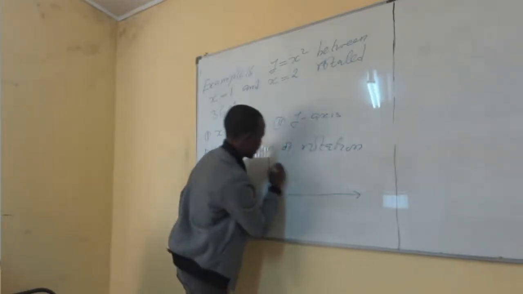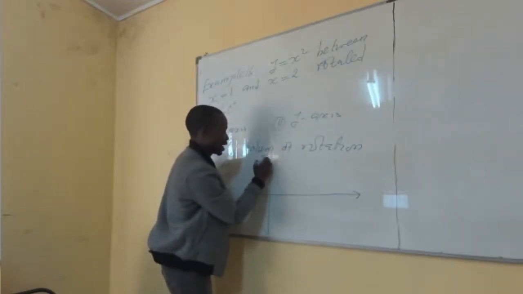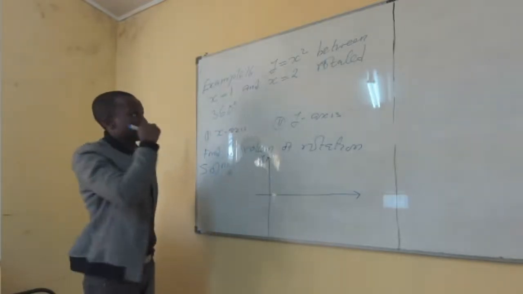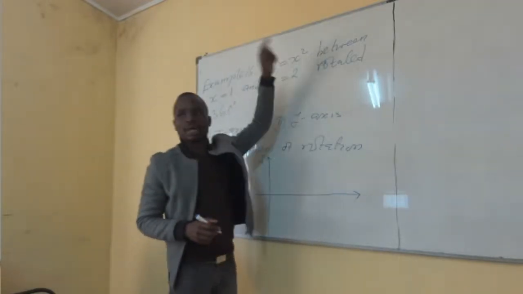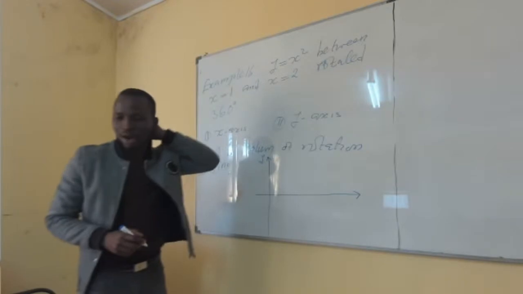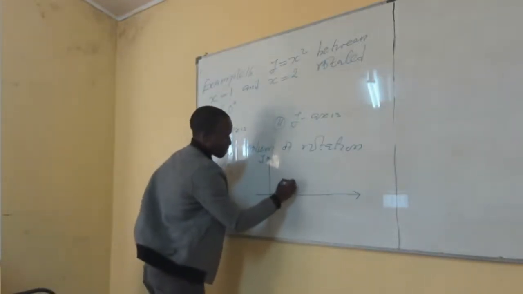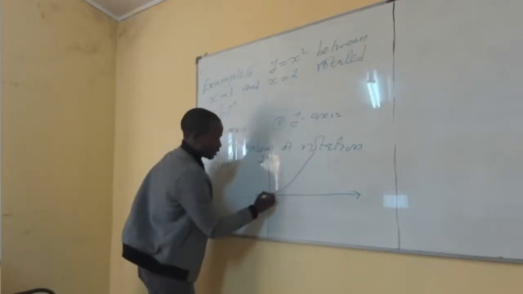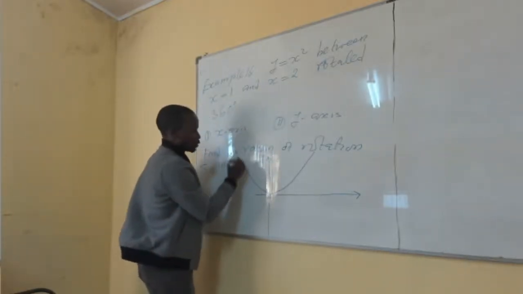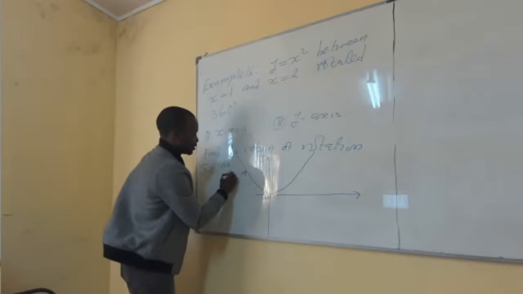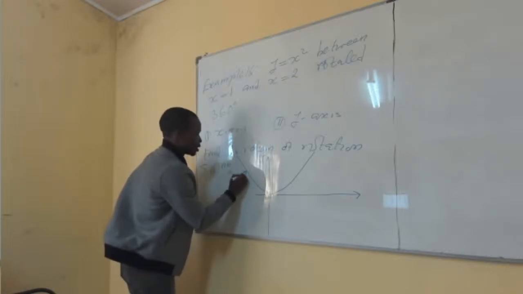The line of symmetry here is the x-axis. This graph is y equal to x squared.